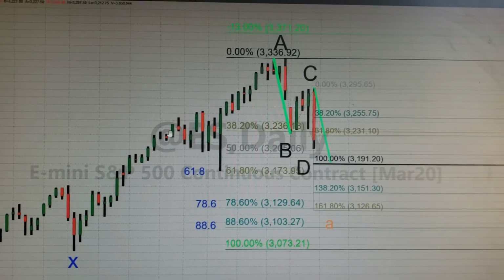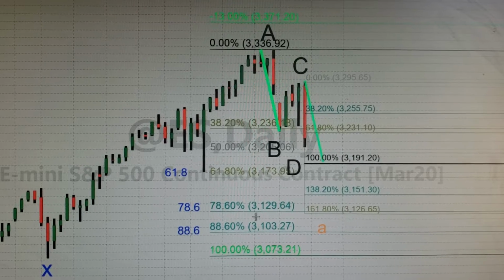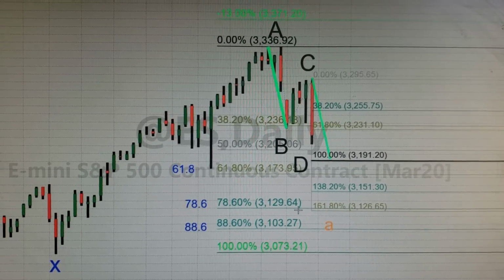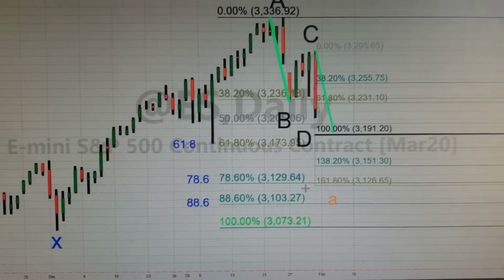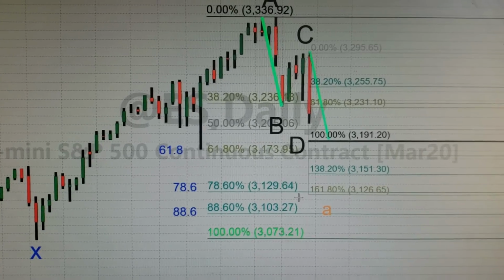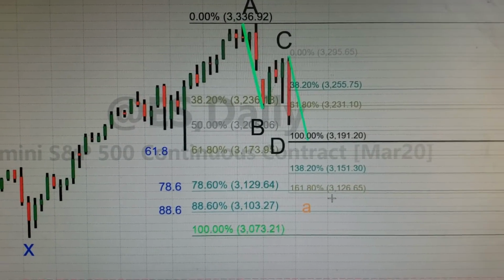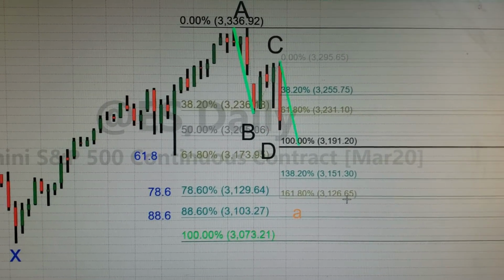Another interesting Fibonacci area is the 78.6, which is 3,129. That number starts corresponding with the weekly pivot and the monthly pivot on the previous charts I've showed. Also, there is a cluster of prices that line up nicely there, which is the 161.8.